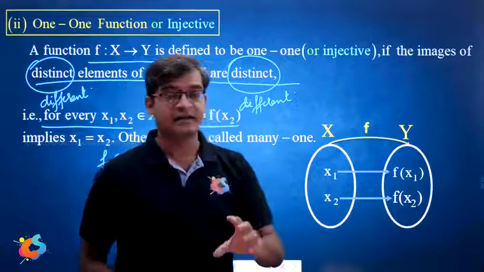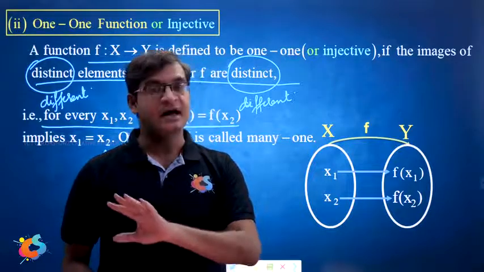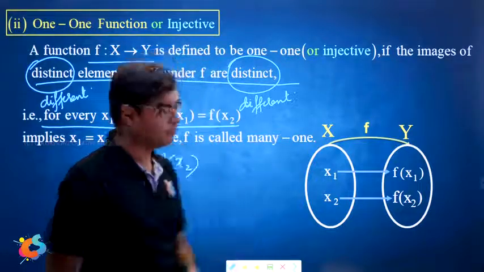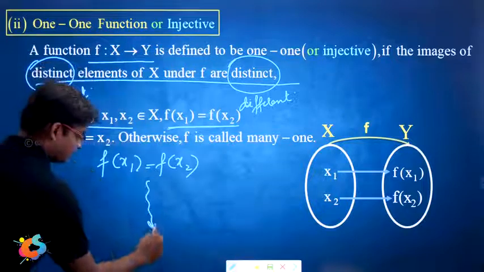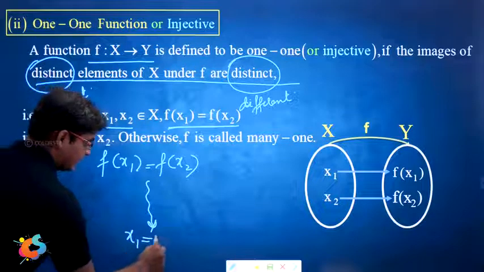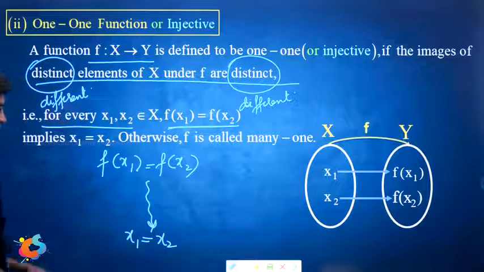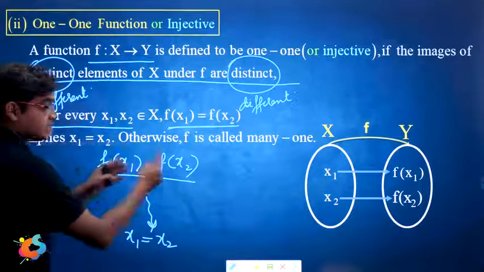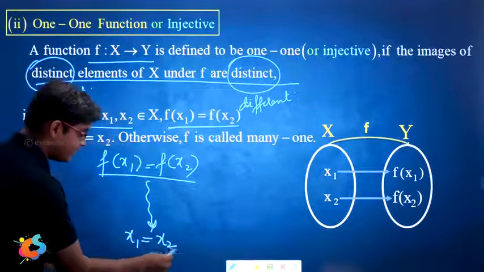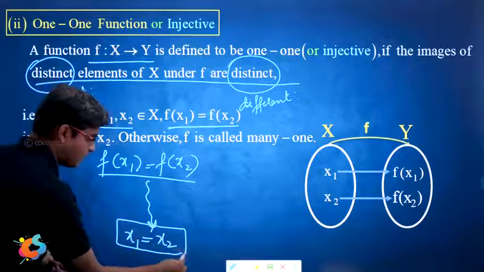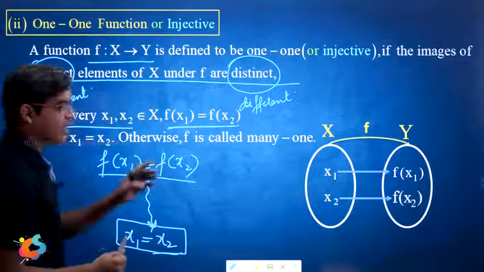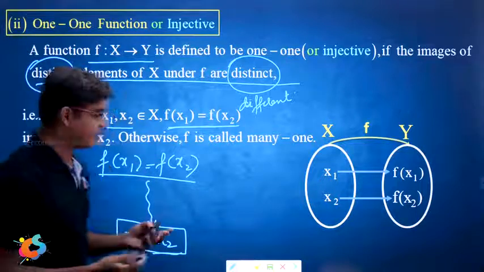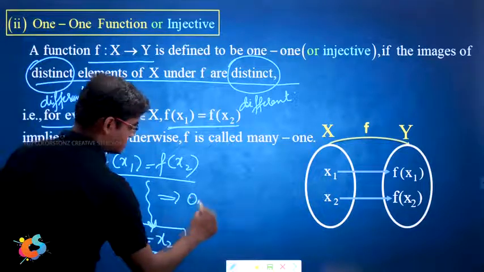You are saying that the images of these two elements are same. No problem. And you go further and ultimately you get X1 is equal to X2. Means this is saying that if the images of two elements are same, there is no other solution other than these two elements being same. That means this is 1-1 function, isn't it?